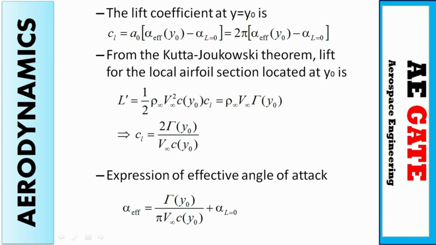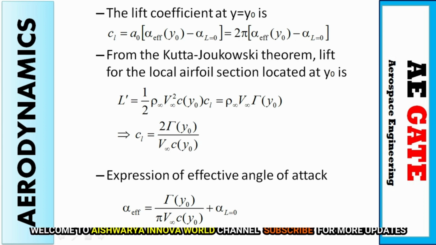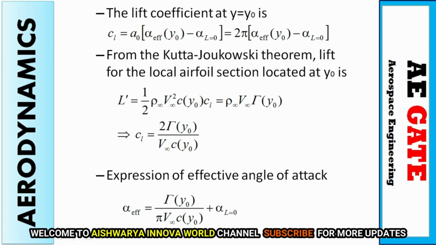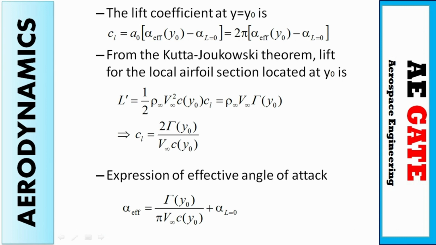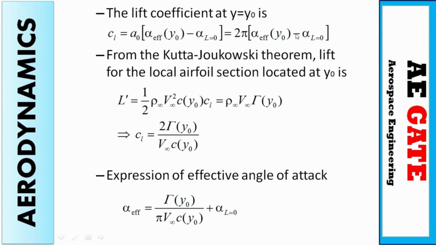Accordingly we can write that the lift coefficient is Cl equals a naught times alpha, that is 2 pi alpha. Now you know what is alpha? We have already known that it is alpha effective plus alpha L equals 0. But here since it is induced we get a negative.